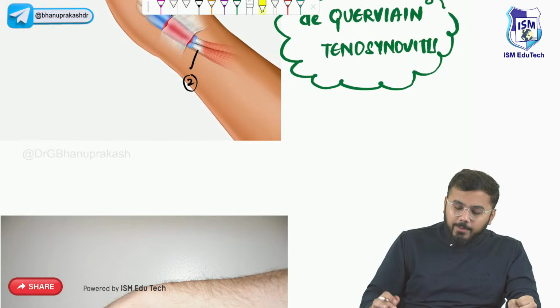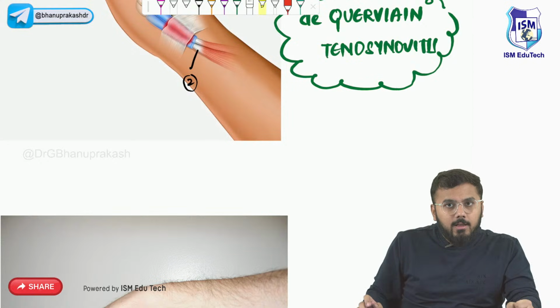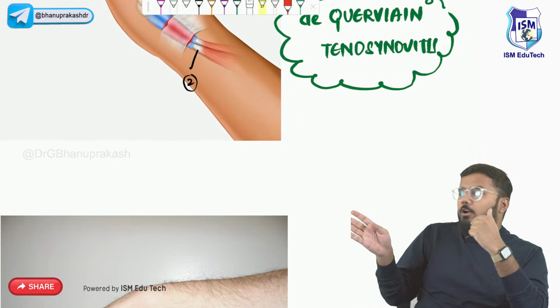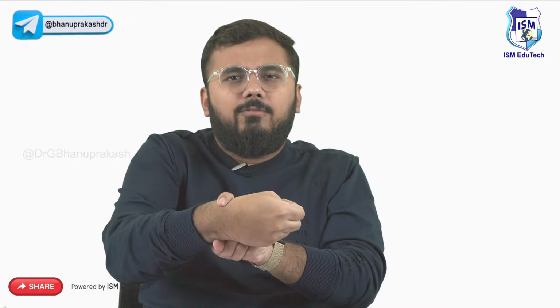Right. So if a patient is having De Quervain tenosynovitis, what is the test? How do you check? It is a simple thing. You close the thumb, make a fist, and then tell the patient to bend his wrist in this way. So you catch hold of the wrist and bend it like this. When you bend it like this, if the patient is having very severe pain here, he will immediately take back his hand.